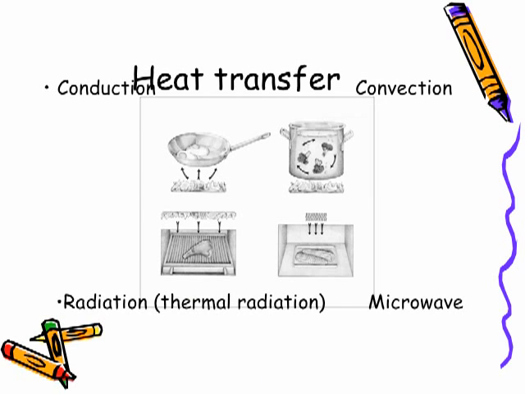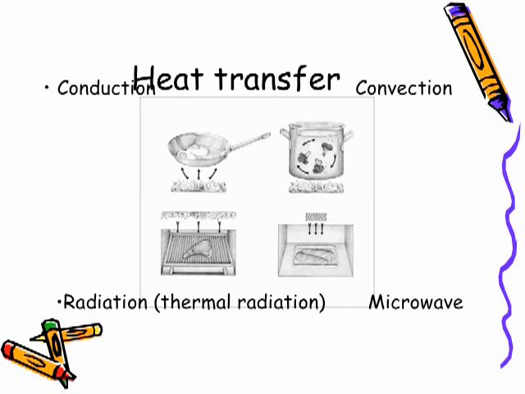This slide gives you a sort of a condensed version of some of the different ways that heat is transferred, and I apologize that the word conduction is kind of blended in with the word heat, but the top left corner represents conduction, where heat touches a pan, the pan then gets hot and conducts heat directly to the food, and that's what causes the cooking of food in the pan.